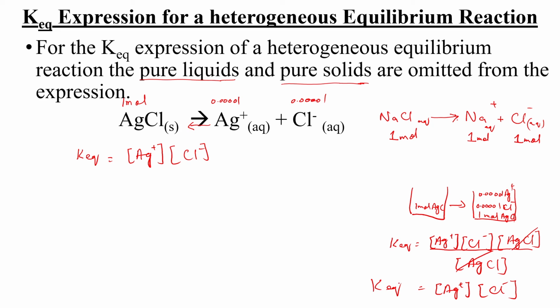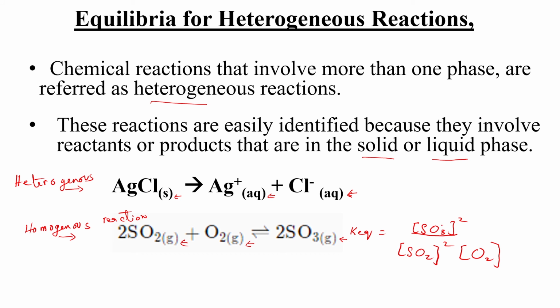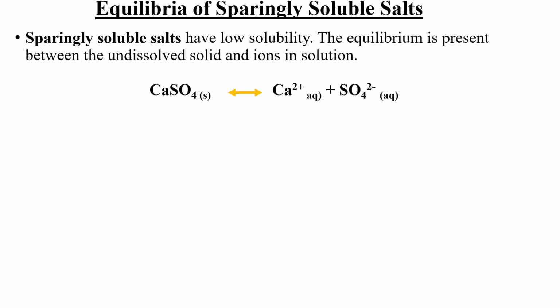And I explained the reason why we are doing that. Okay, so there is a big difference in writing the K equilibrium expression for a heterogeneous reaction. You will be ignoring pure solids and pure liquids, but for the homogeneous reaction, it will be product over reactant like this. So the example of a heterogeneous equilibrium is the equilibria of sparingly soluble salts.